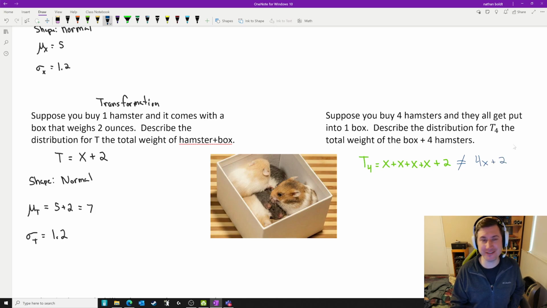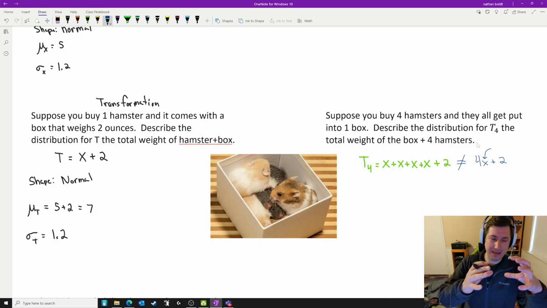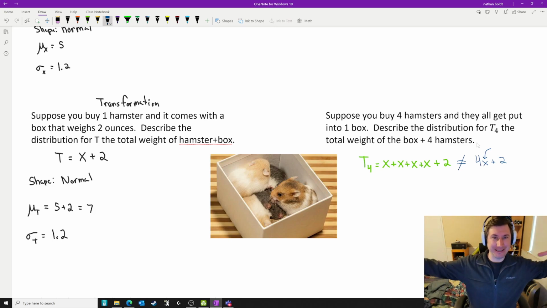The algebra does not work that way because here we only have one random hamster. We get to pick one random hamster, and then we make it 4 times as big. I'm not taking one hamster and making it 4 times as big. That's not what's happening.